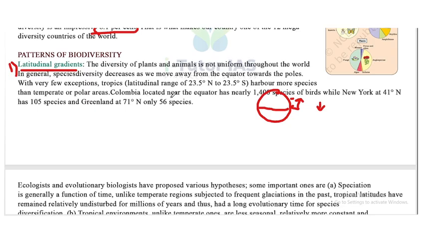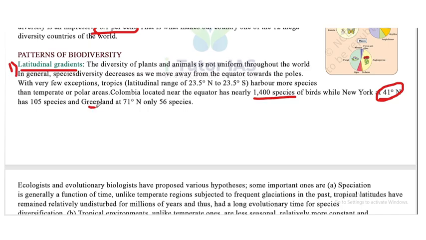Colombia, located near the equator, has nearly 1,400 species of birds, while New York at 41 degrees north, which is not in the tropical region, has only 105 species of birds.